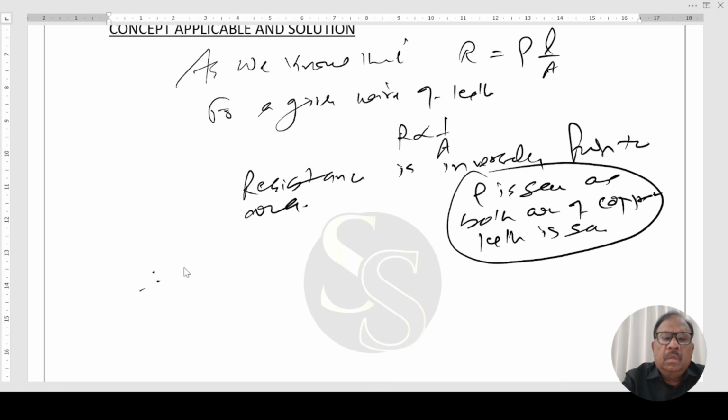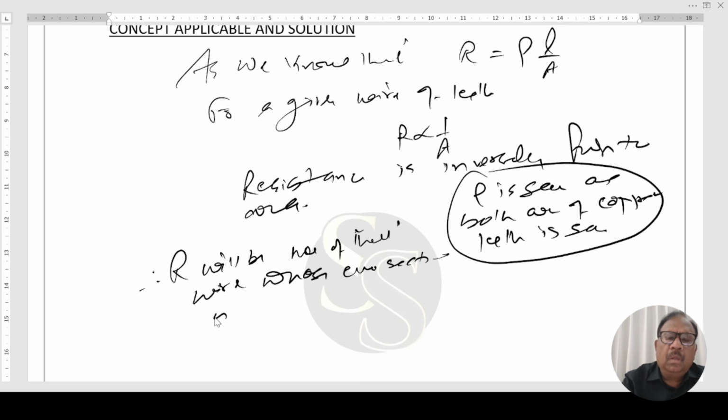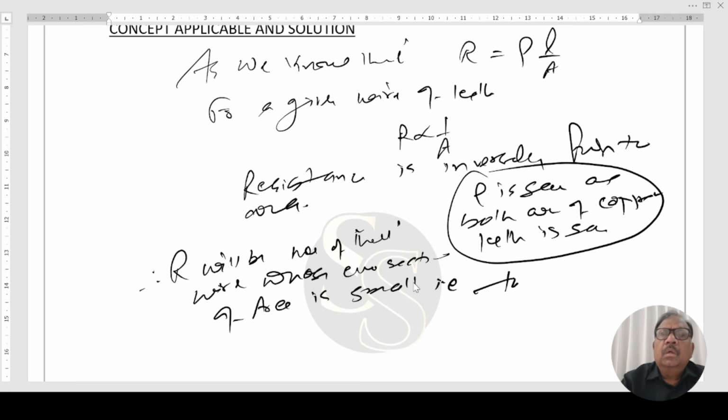Therefore, resistance will be more for that wire whose cross-sectional area is small, that is the thinner wire, because it is thinner than the thicker wire.